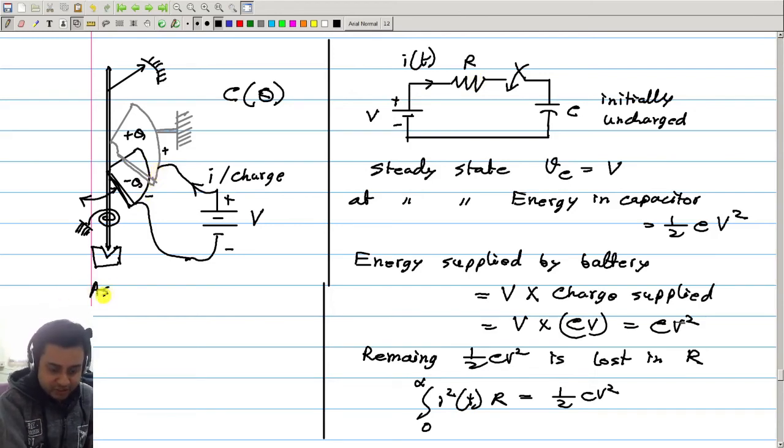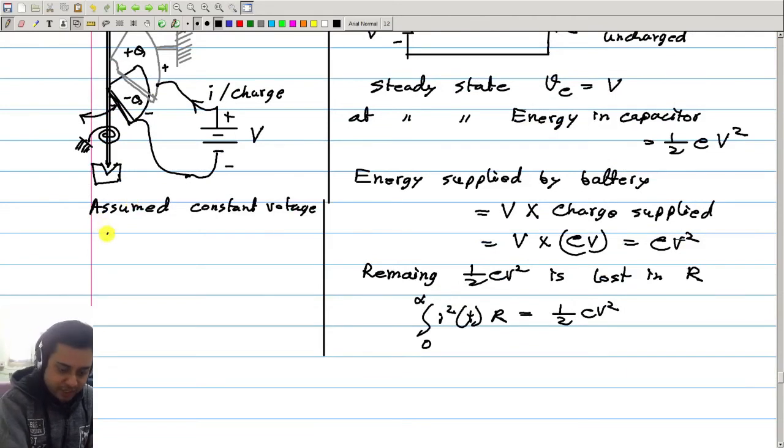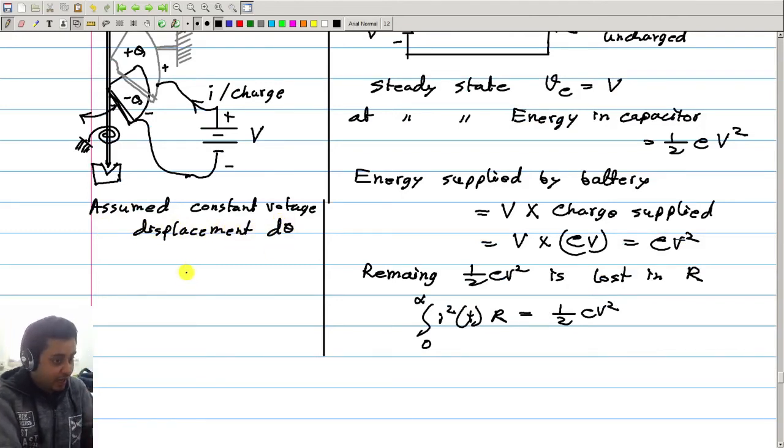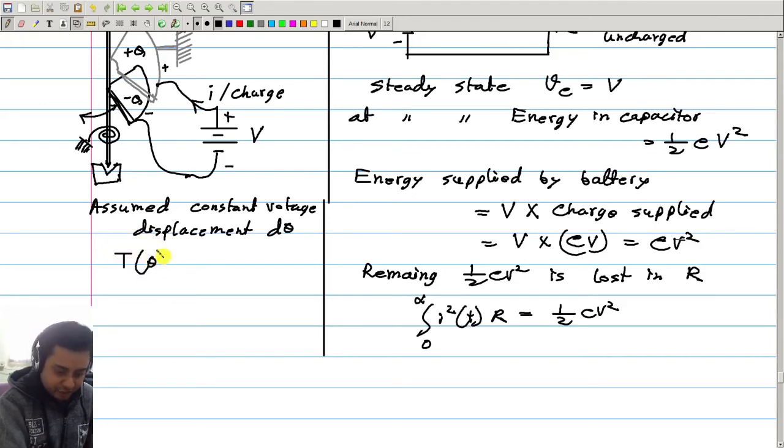Here we assumed constant voltage, and then we considered a small displacement d theta, and constant torque, because this displacement is so small that within that small motion torque will not change. So that torque is T, which is a function of theta. T d theta is work done.